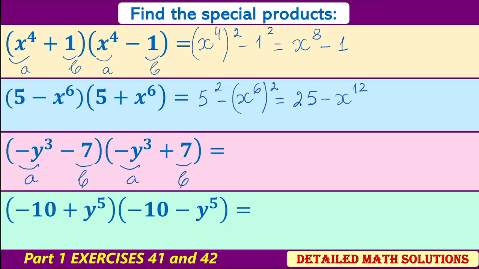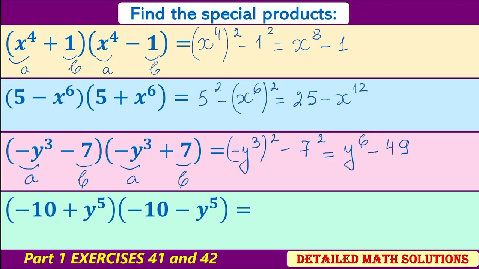And when I use the formula, I get minus y to the third power in parentheses squared minus 7 squared, which equals y to the sixth power minus 49.